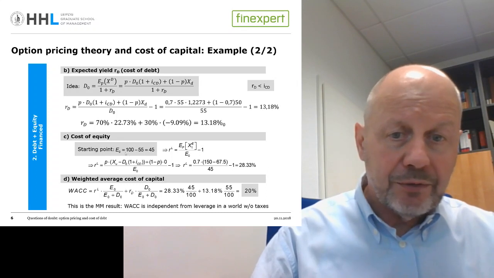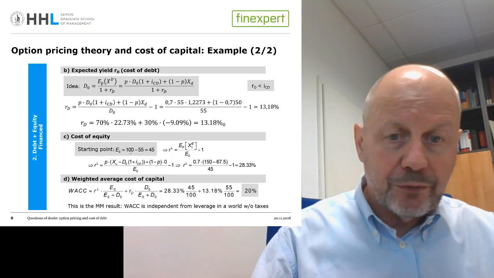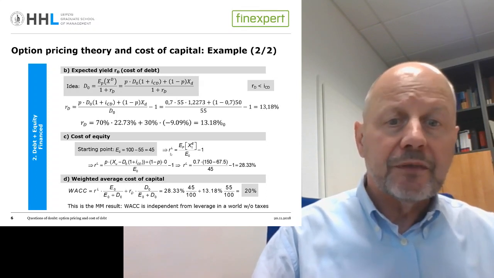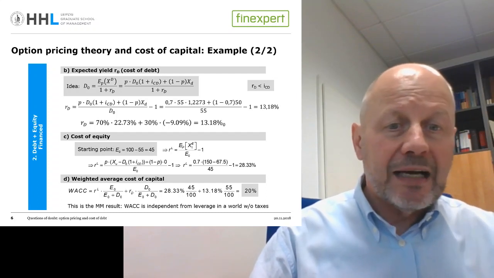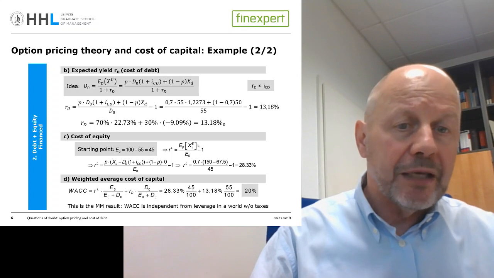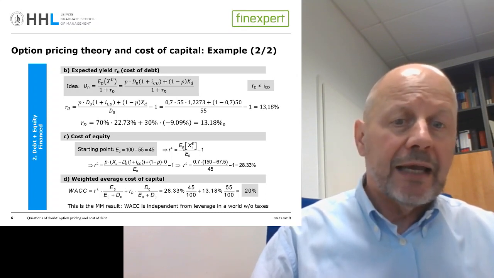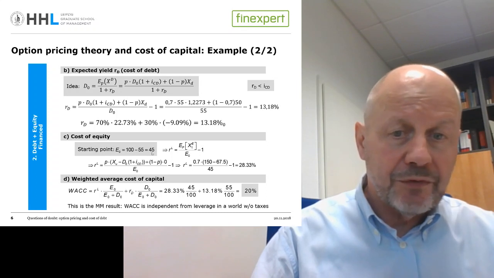And finally, we have to calculate our cost of equity. The value of our equity under arbitrage-free conditions is the value of the firm, 100, minus the 55 of the debt holders. So the value of our equity is 45. We can calculate the cost of equity by discounting our expected payments, again under the real probability measure, by the cost of equity over one period, and then we arrive at the current market value of the equity.